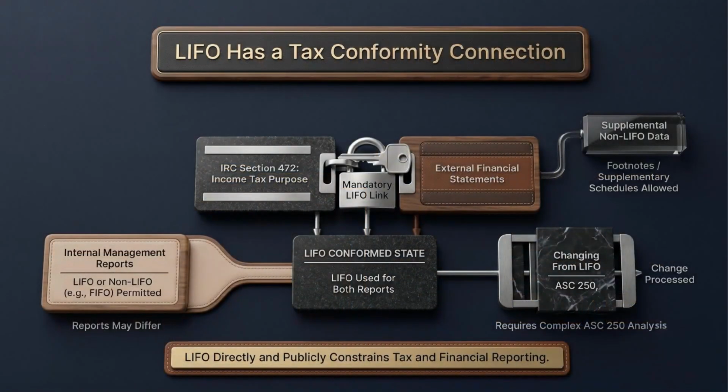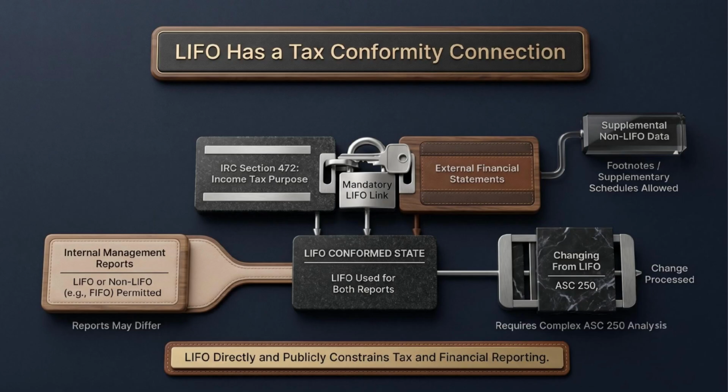LIFO also has a tax conformity connection. Under Internal Revenue Code section 472, a company that elects LIFO for income tax purposes generally must also use LIFO in its external financial statements. Supplemental non LIFO information may still be provided in notes or schedules, and internal management reporting may use a different basis.